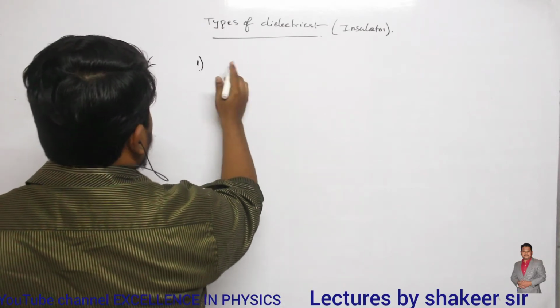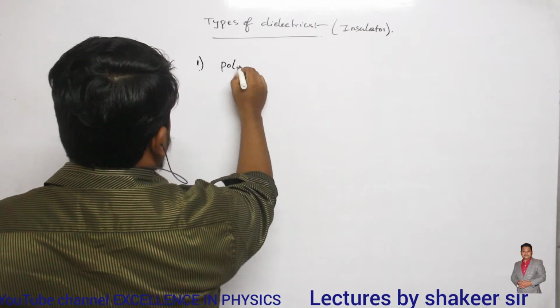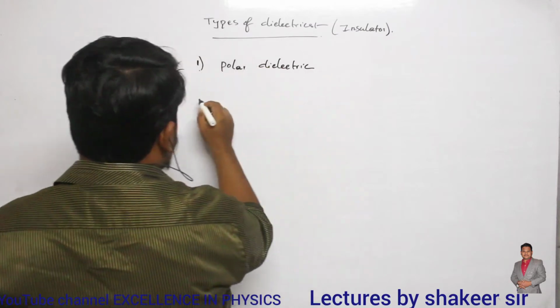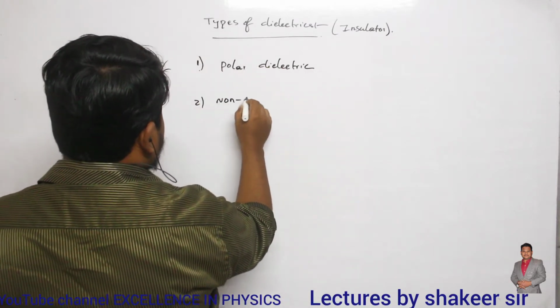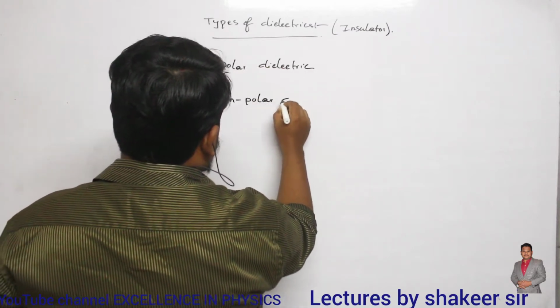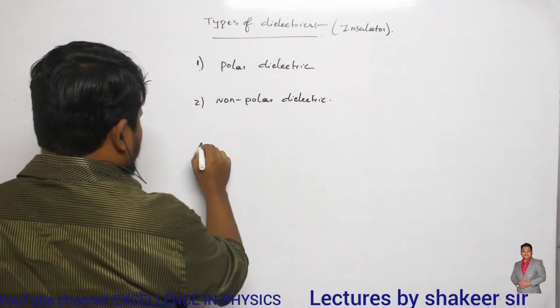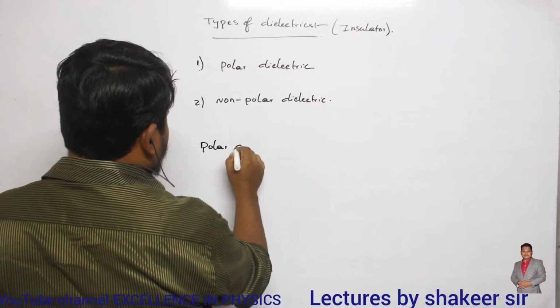The first one I call a polar dielectric, and the second one is a non-polar dielectric. So what is meant by a polar dielectric?